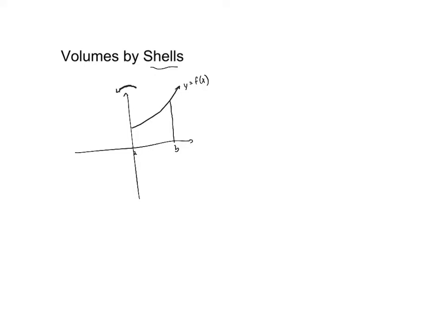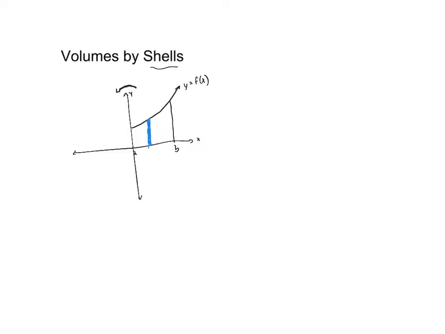So there's my y-axis. I want to revolve that region around the y-axis, only this time I'm going to force myself to draw a vertically oriented rectangle. Now, if I had drawn that rectangle horizontally, which I could have, it would still be a disk.